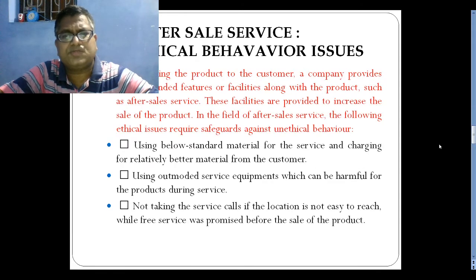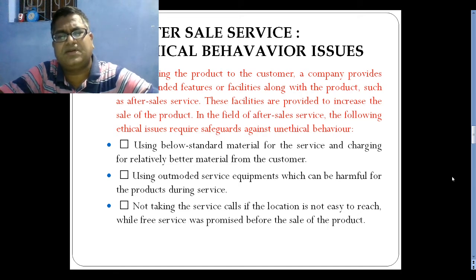And the last one is after sale service. Unethical behavior issues of after sale service means that when the product is sold, the customer always focuses upon the service. Service means after sale service, and some of the ethical issues require safeguards against unethical behavior. How is it addressed?